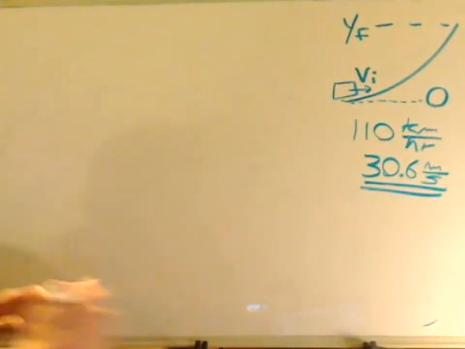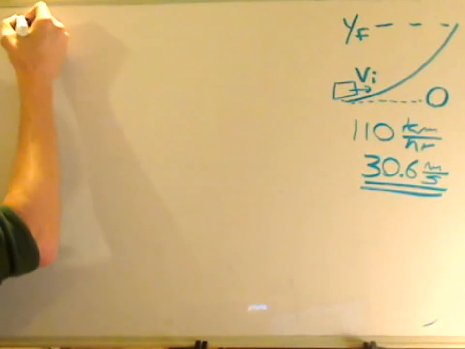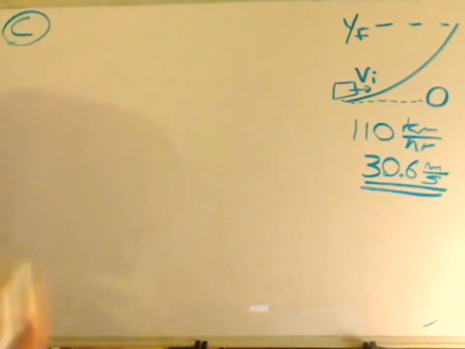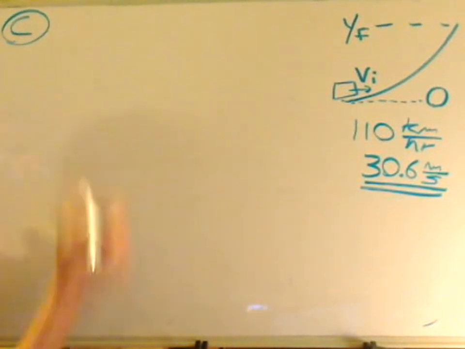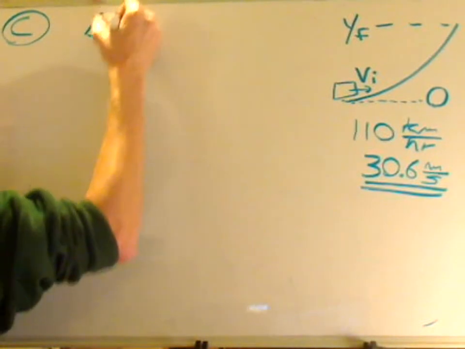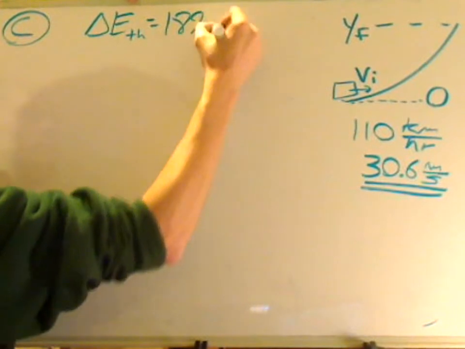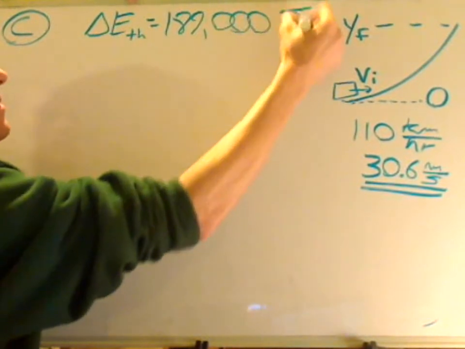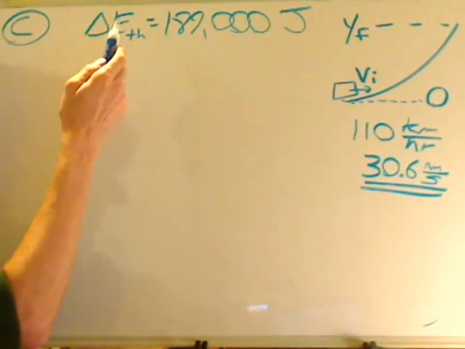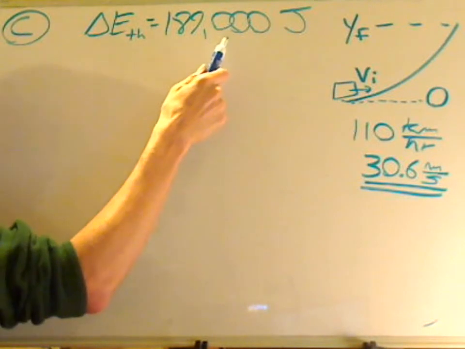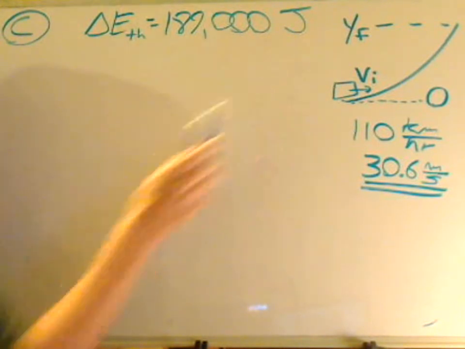So part C then. We just found in part B that the change in thermal energy is 189,000 joules. So friction did this exact amount of work on the car.